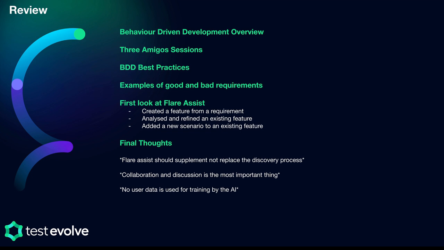But still, the most important thing is the communication with the other members of the team, especially the business, to make sure that what you're generating accurately describes what the system should be doing. And then finally, we use a third-party AI tool to power Flare Assist, but we want to assure you no user data is actually used for training.